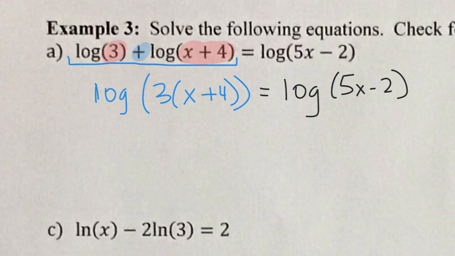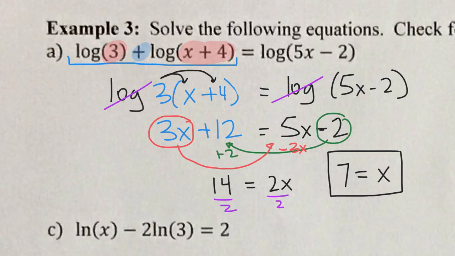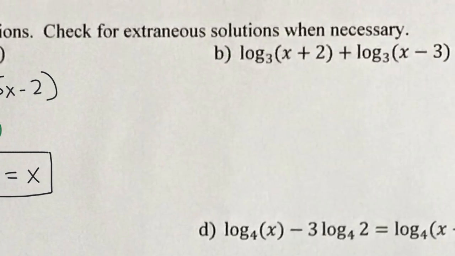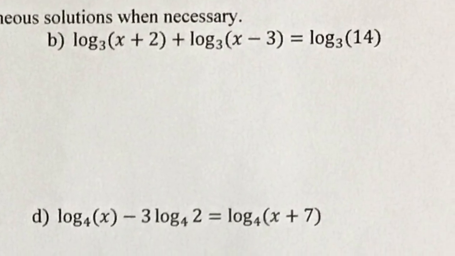So I can eliminate both of these and solve the equations as they are. Okay, so these are the easy kind. Once you do your condensing, right, we have to combine the logs to have only one log. So now it's just a matter of solving this. So x equals 7.